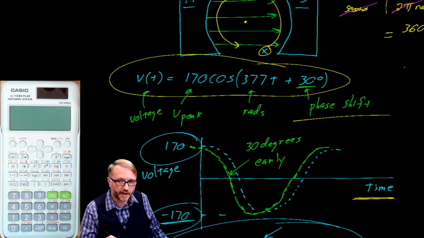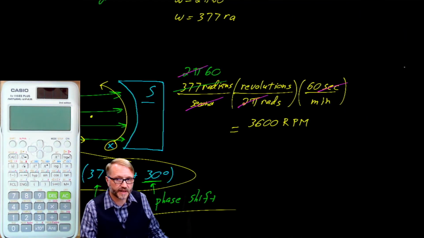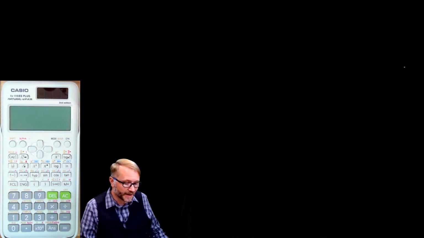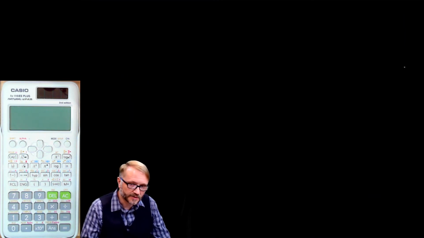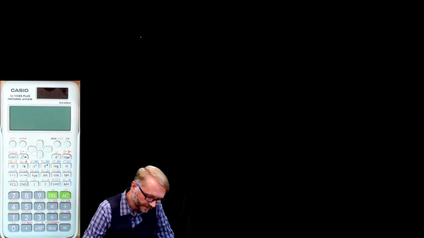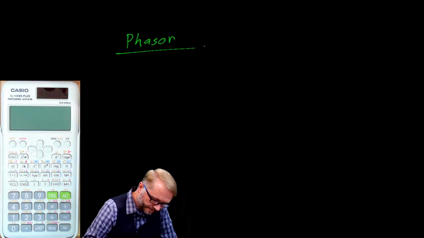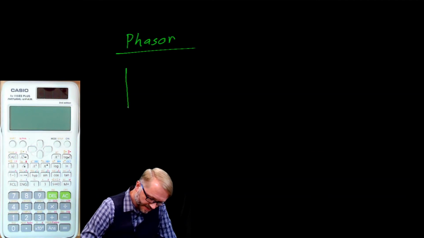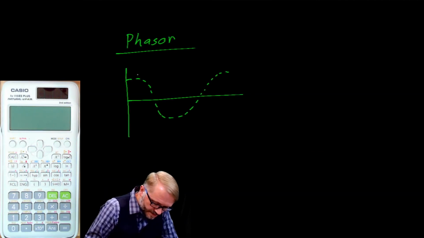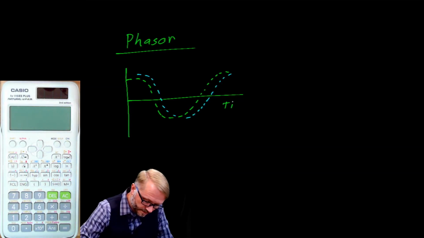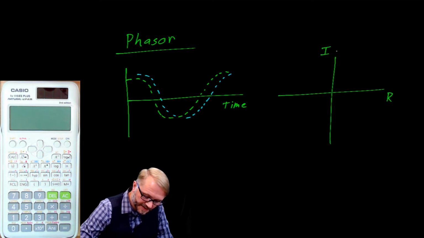What you need to do now is hold all of those thoughts in your mind at the same time and allow us to use some trigonometry. The word of the day is phasor. It allows us to take a signal from the time domain, something with a bit of a phase shift perhaps, and represent that signal on the real imaginary axis.